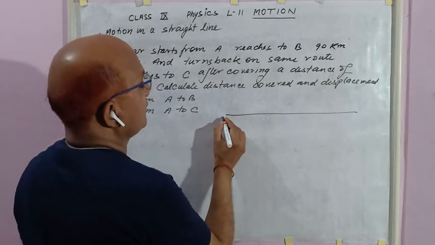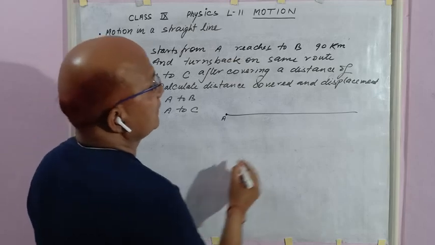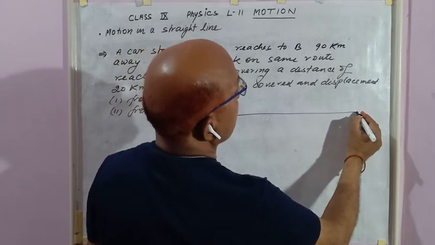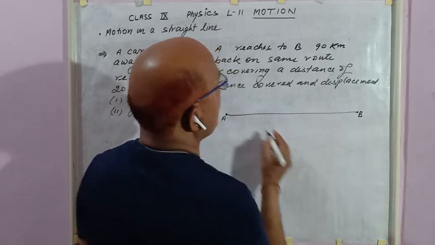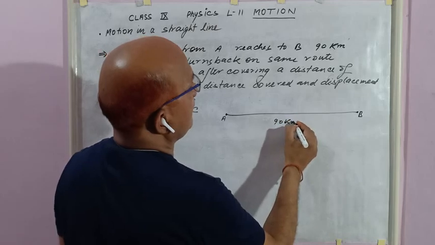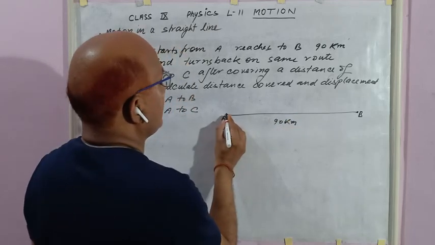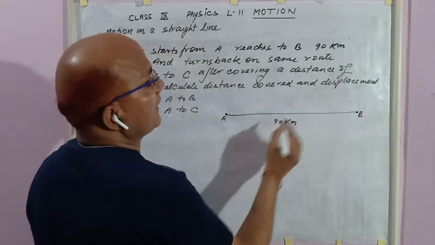Suppose this is position A from where the car starts, and this is position B, which is 90 kilometer away. This is 90 kilometer, and when the car starts from A and reaches B, it covers 90 kilometer.